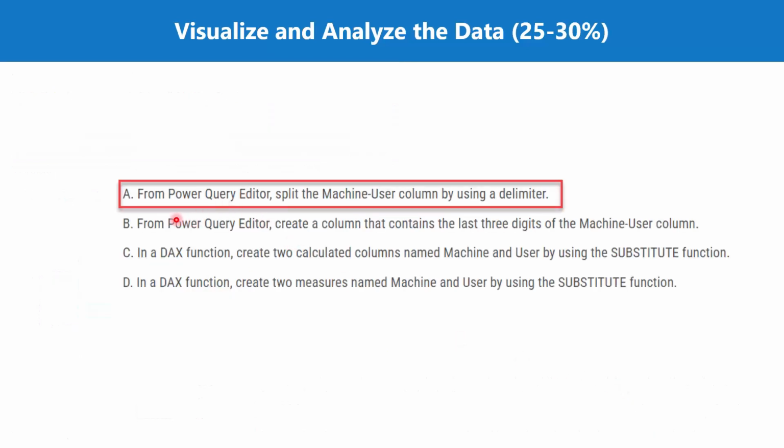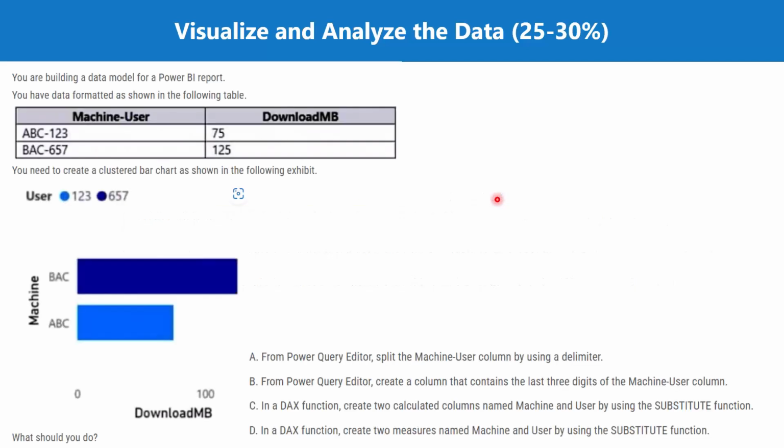The correct answer is the first option, which is from Power Query Editor, split the machine user column by using a delimiter. If we apply a delimiter here, then this column will be broken down into 2 columns, which will have machine and then the user, and then the download MB.